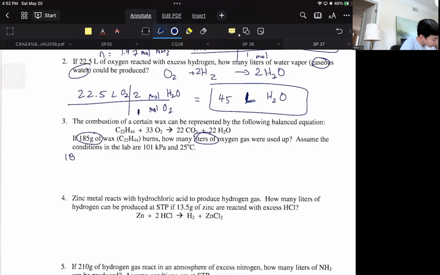So we have 185 grams of wax. Yeah, you have to do it this way.